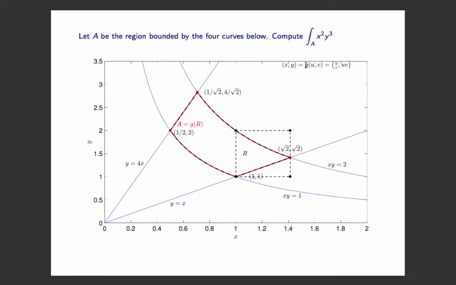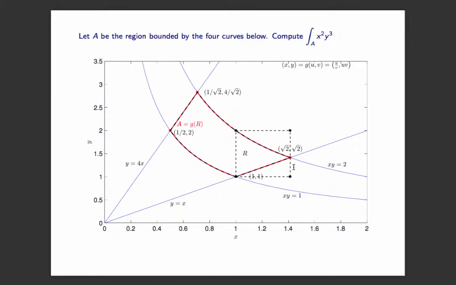Of course, we can show that the determinant of the derivative of G is invertible for all u and v inside of here, but the inverse function theorem would only guarantee that G is locally 1-to-1. We would need G to be 1-to-1 on the entire set R, and one could show that.